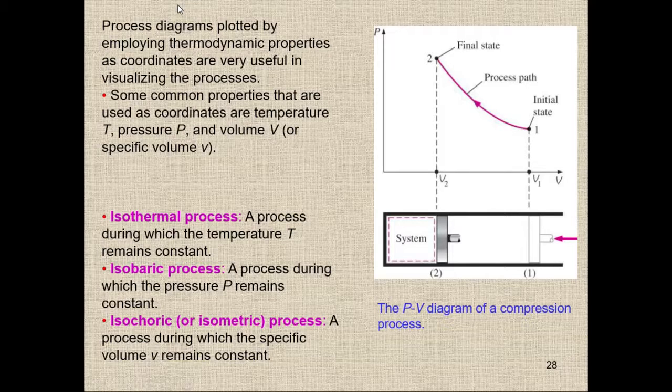There are so many other processes as well. These are a few examples: isothermal, isobaric, isochoric. I think you should know about the adiabatic process as well, where there is no heat transfer. But in real life, we have different processes, and we have to define the path that the process is following.